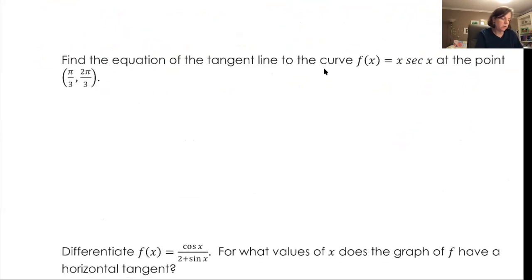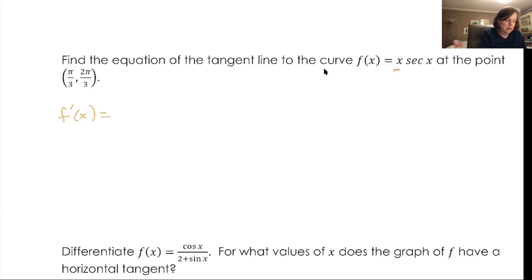All right, let's find the equation of the tangent line to the curve x secant x at the point pi over 3 and 2/3 pi. So I've been given the point where I want the tangent line, and so I need to find the derivative of my function in order to find the slope of the tangent line.